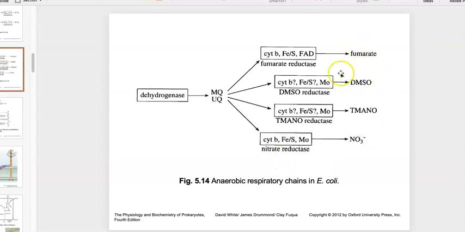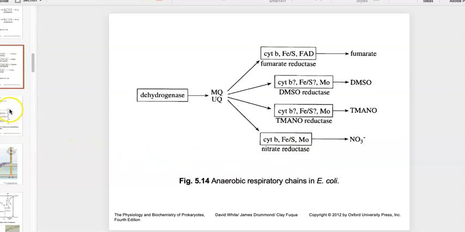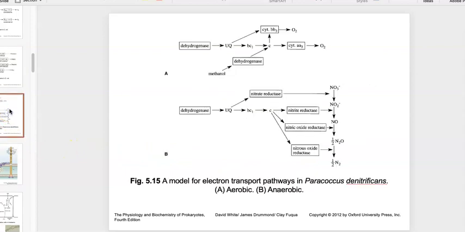If oxygen isn't present, the E. coli can use a variety of electron sources. And so, using nitrate as a terminal electron acceptor is relatively common in the microbial world. And Paracoccus denitrificans, as the species name suggests, is a good example of that. So Paracoccus has both an aerobic and anaerobic electron transport chain capability.